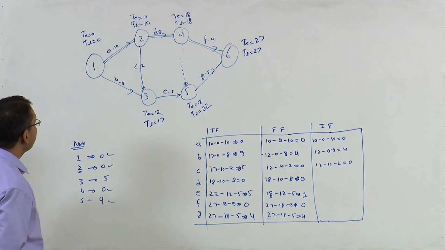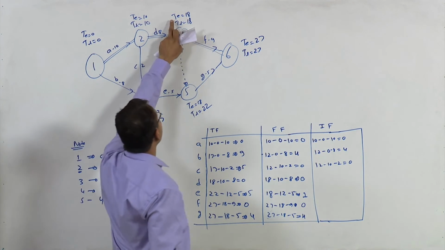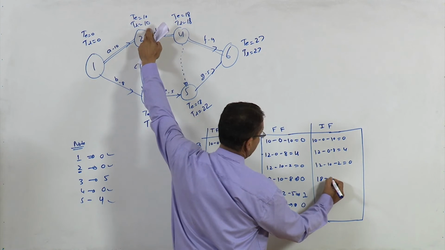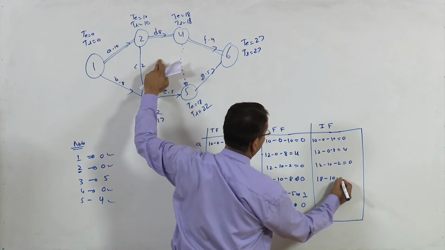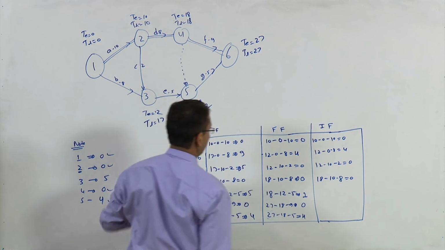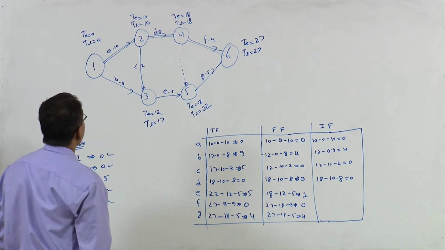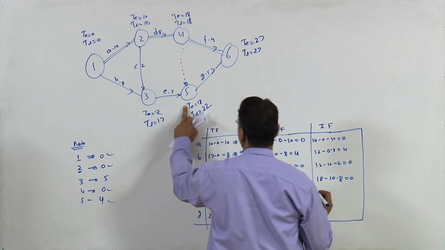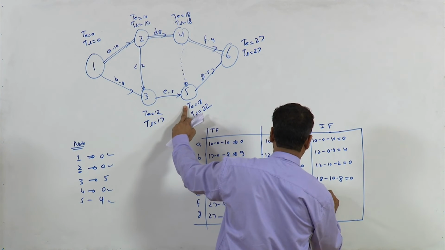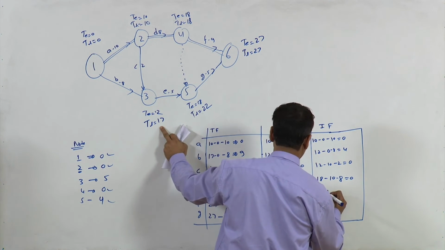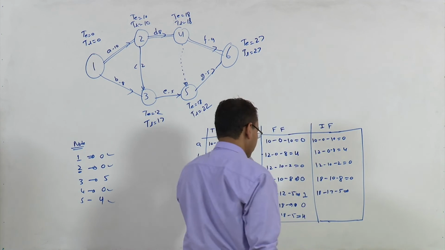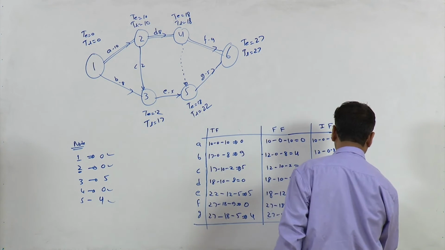For activity D, TE minus TL, so this is 18 minus 10 minus 8, this is 0. For activity E, TE minus TL, so this is 18 minus 17 minus 5, so this is minus 4.